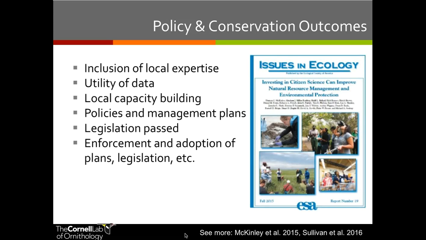Again, there's also a whole lot of people that are studying the policy and conservation outcomes of citizen science. There's a really nice special issue here from Issues in Ecology that looks at how agencies can invest in citizen science to improve natural resource management. I would encourage you all to download this special issue.